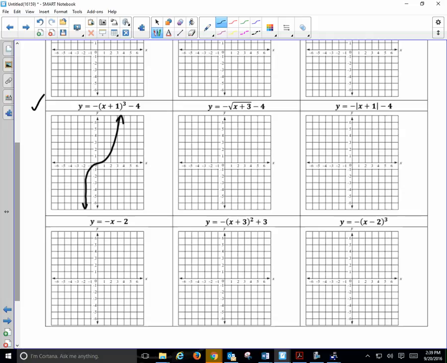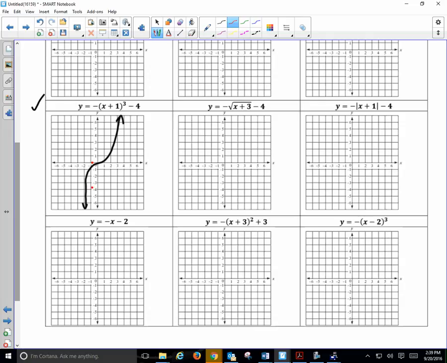How many units do I move to the right or left? 1 unit. Is that to the right or is it to the left? It's 1 unit to the left due to the plus 1 on the inside. So I'm just going to put a little dot, 1 to the left. How about the minus 4 on the outside? What's that going to do? It's going to move it down 4.